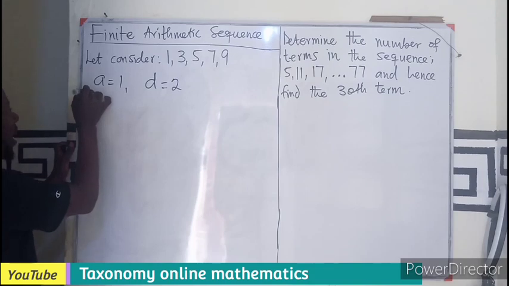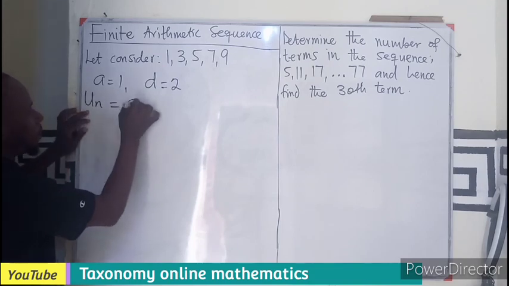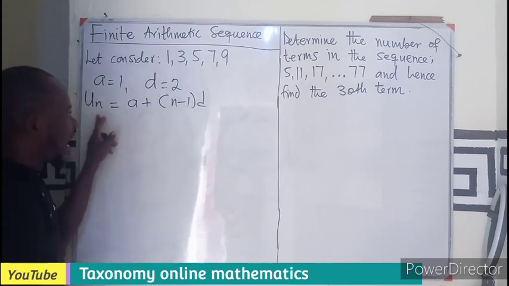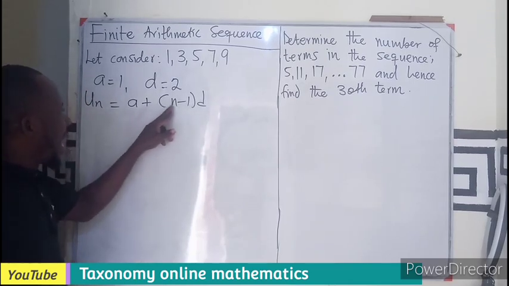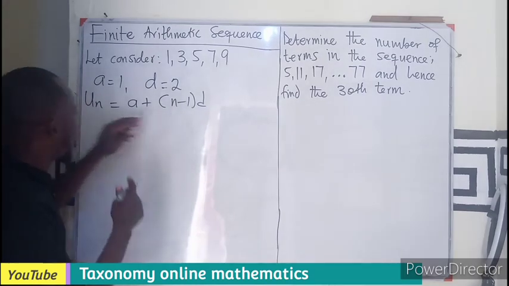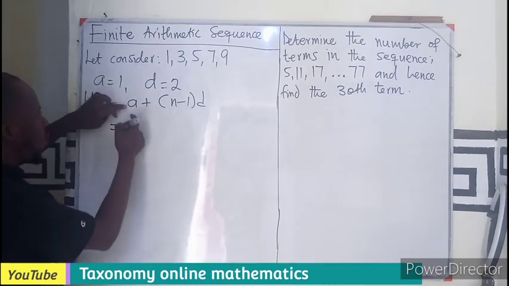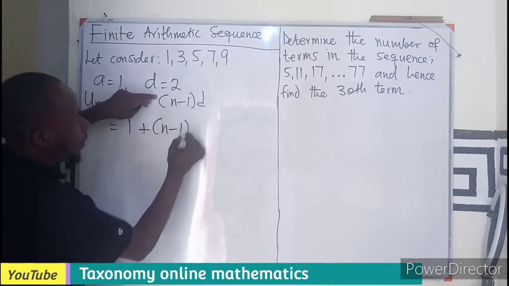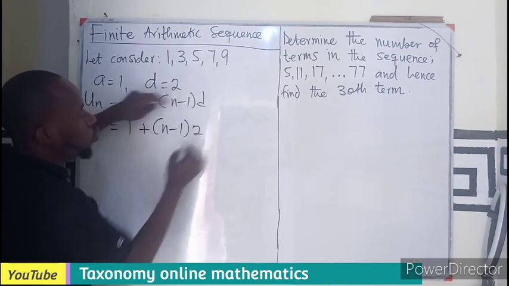This is the nth term of a sequence, where n stands for the number of terms. We don't know how many terms there are. So this is going to be equal to the first term plus n minus 1 times the common difference, 2.